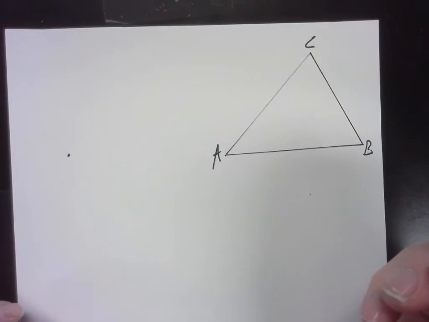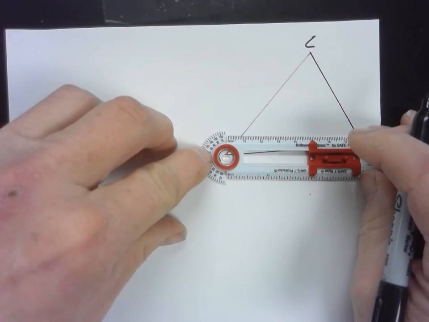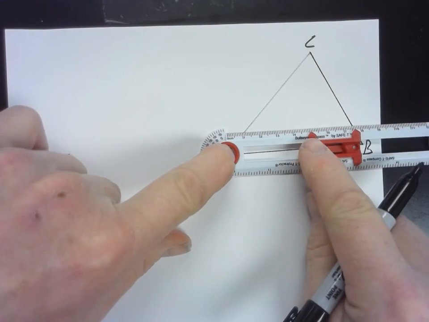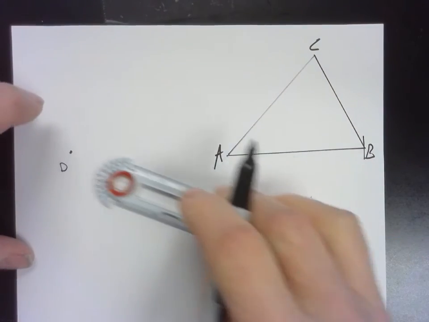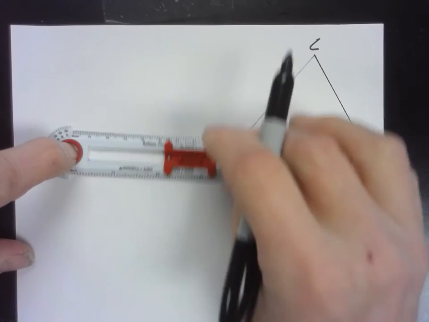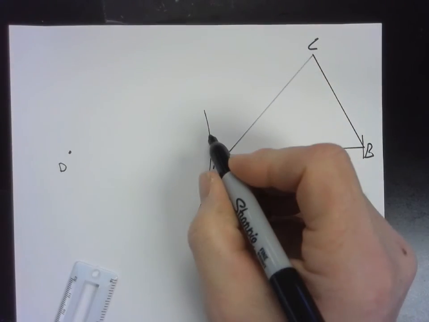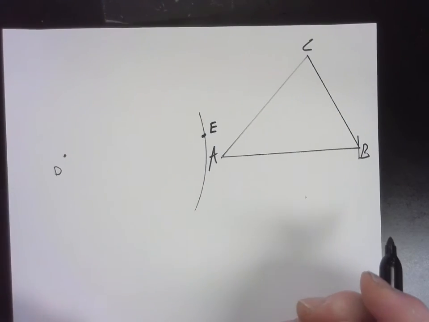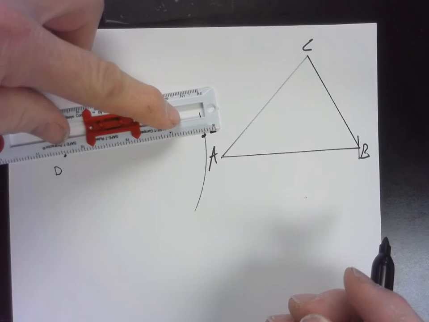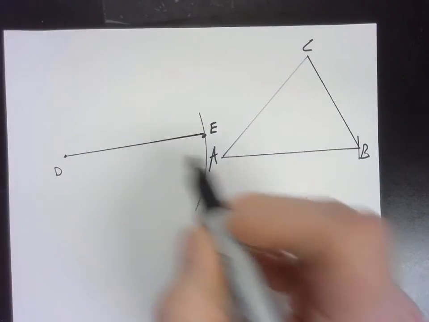So we'll call it point D. I'm going to come over here with my compass. See? And then if I put my compass here, any point along there can be point E, can't it? So I can put point E right there. And what do we know about DE and AB? They're congruent. Yeah, they're congruent. Okay? So these two are congruent.